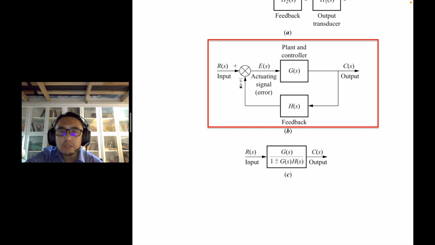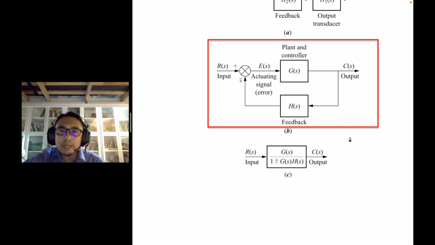If you have positive feedback, then the sign is negative in the denominator. Okay, so that's simply how you memorize that. You can verify that later using equations. So C is equal to G over 1 plus or minus GH if you have a feedback form.